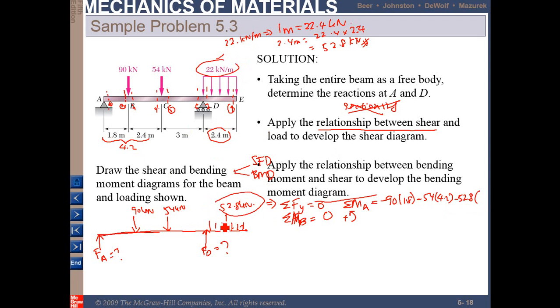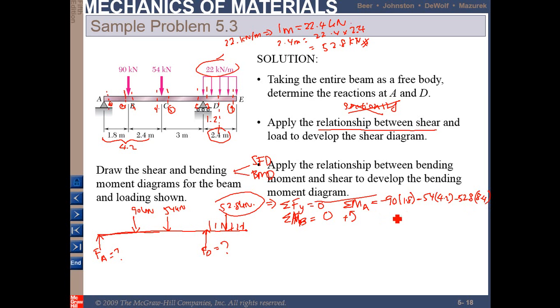So if it is in the middle, this is 1.2. So 1.2 plus 3 plus 2.4 plus 1.8, you will get 8.4. So you times with 8.4.